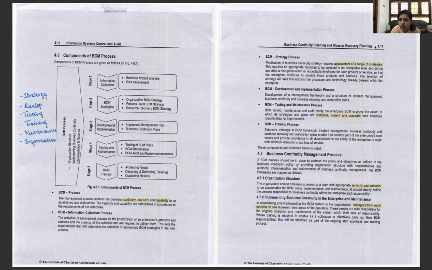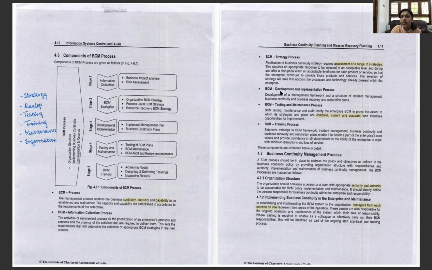So here's a key word for this. Finalization of business continuity strategy requires assessment of a range of strategies. So we have an appropriate response from an appropriate level. For example, the top management should be involved for this, and it is within the authority of the top management to bring about such facilities in the event of a disaster. So it should be taken only by them. So appropriate level and appropriate response from the appropriate level. This is what strategy process is all about.